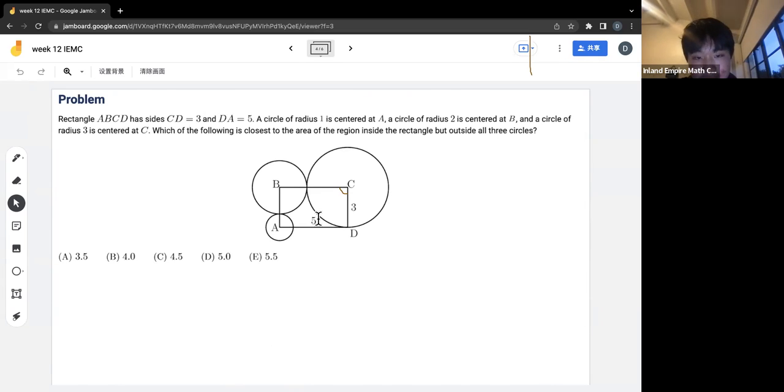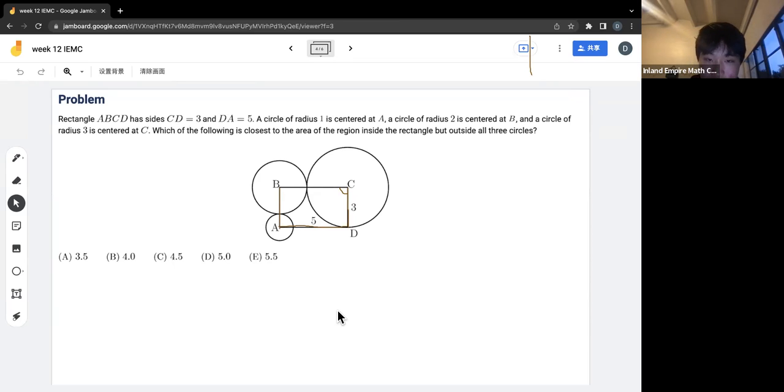It's actually very simple. The area of a rectangle, as you probably have learned, is base times height. The base of the rectangle, in this case, is 5, times the length, which is 3. So the overall area is going to be 5 times 3, which is 15, right?